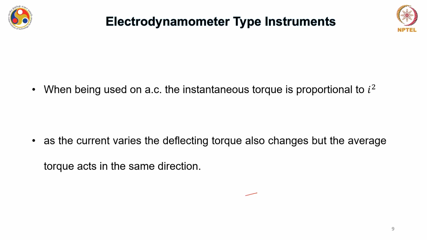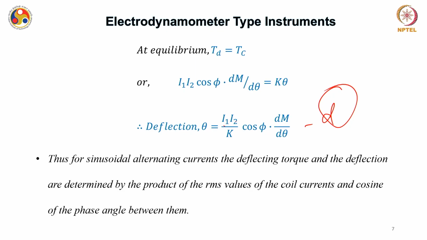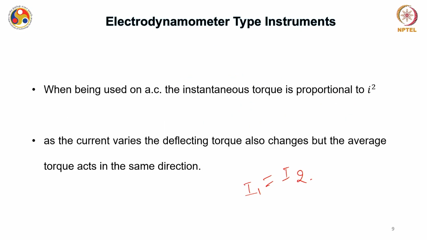So, we can assume the current I1 is equal to I2, say I. So, theta will be equal to I square by k into cos phi into dM by d theta.